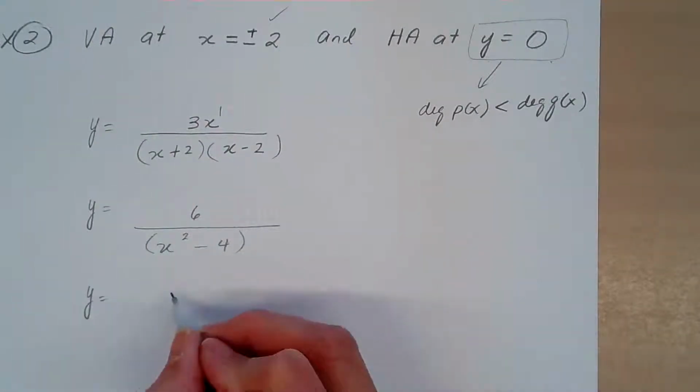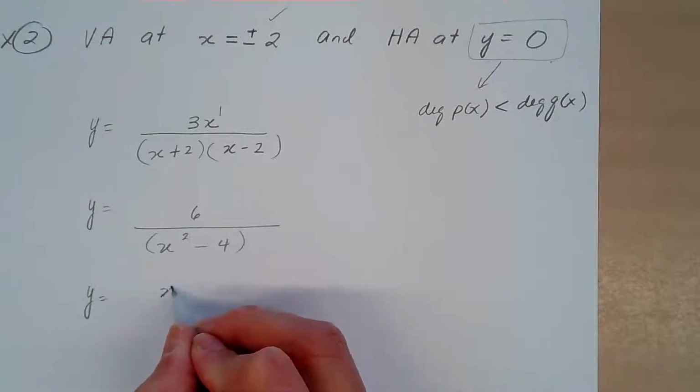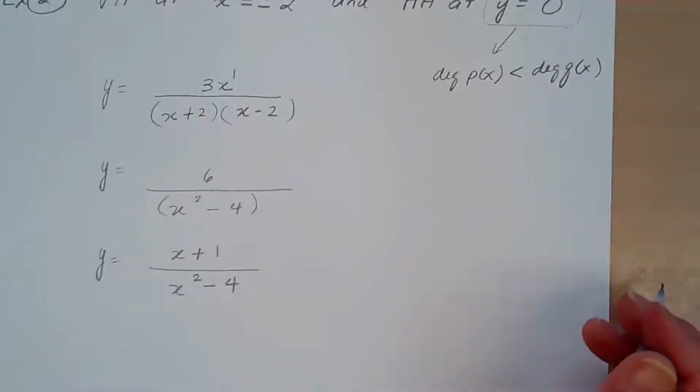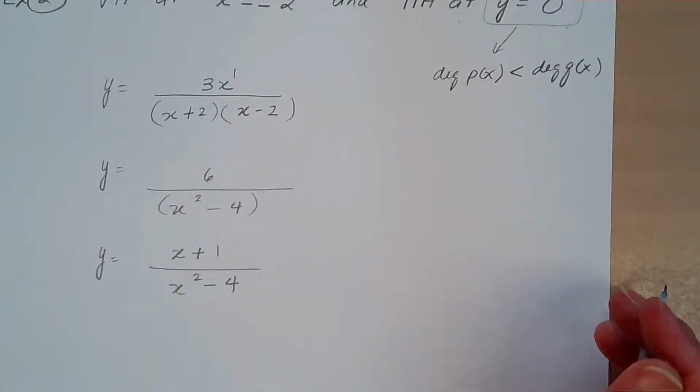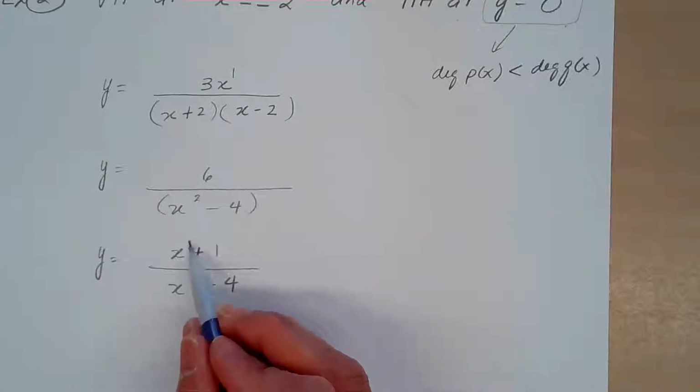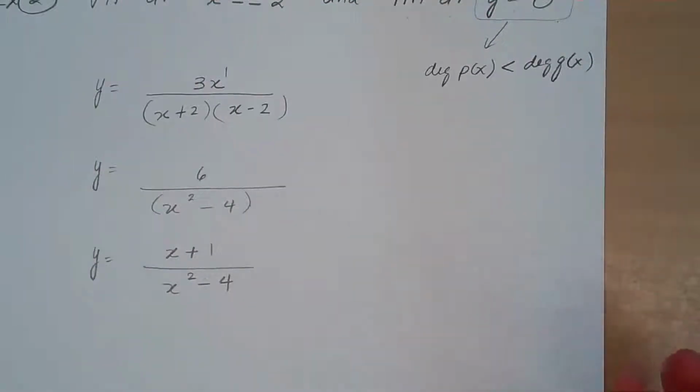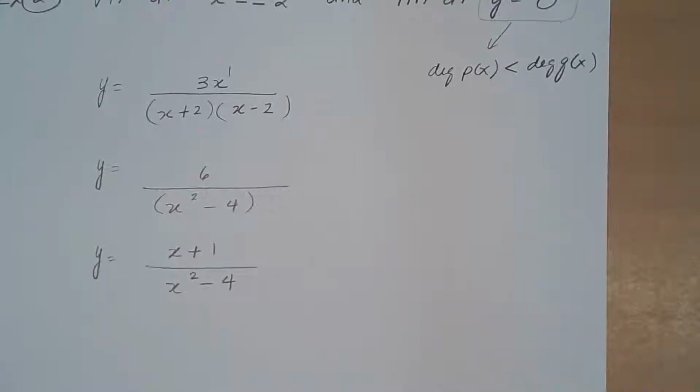Lots. The degree of the numerator is less than the denominator. So there's infinitely many possibilities here.